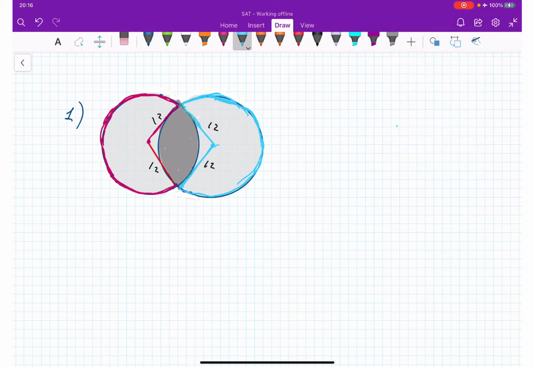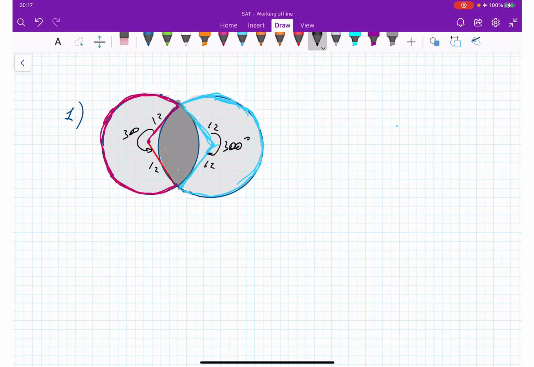I'm going to read the problem again, so we make sure we understand what we are doing. Each one of them is 300 degrees. This is 300 degrees. This is 300 degrees, with radius 12.